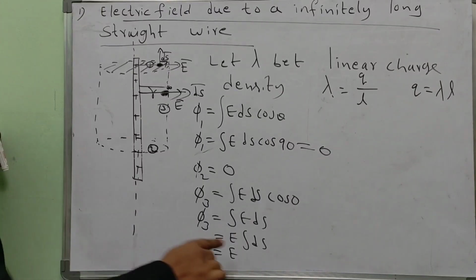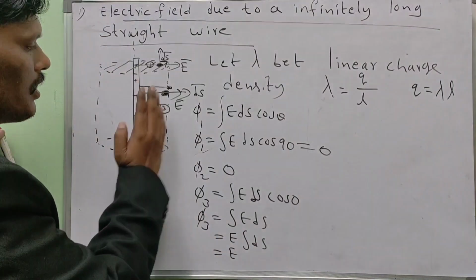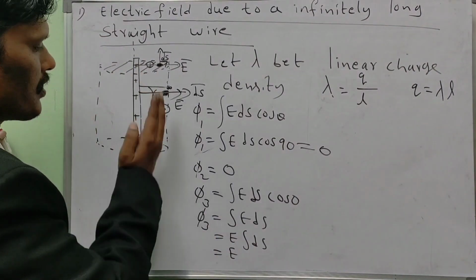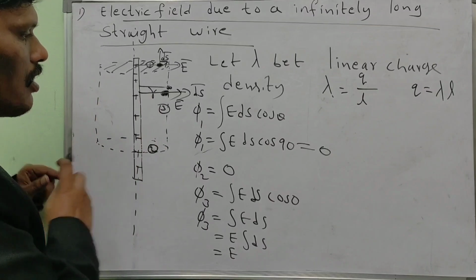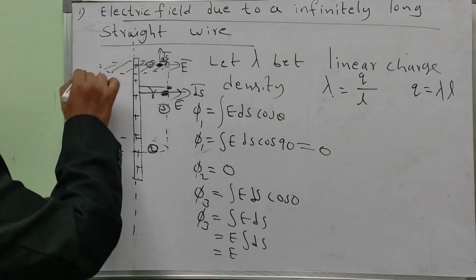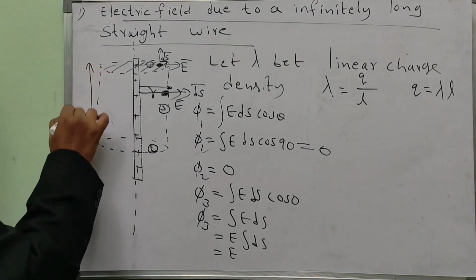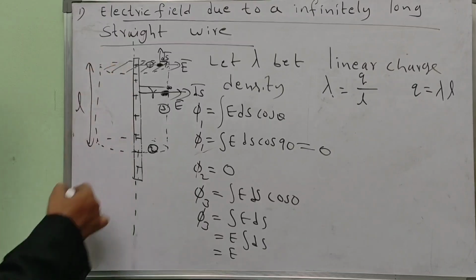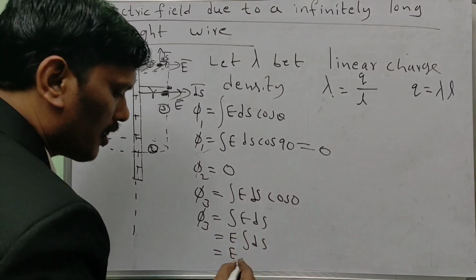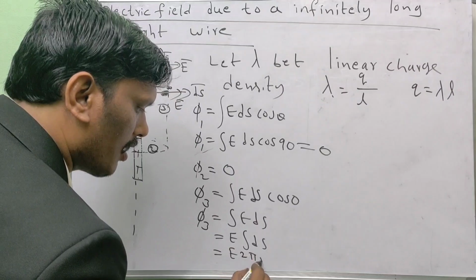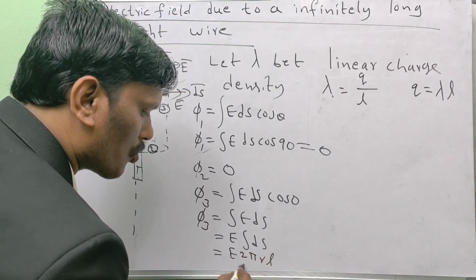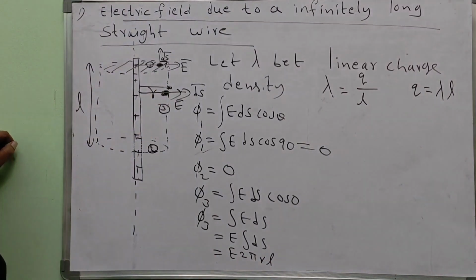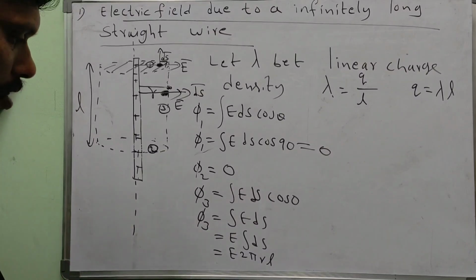That's why integral dS means I need to take the total curved surface area. What is the total curved surface area? 2 pi r L. Suppose the cylinder's length is L. Then what is the total dS? 2 pi r L. That is the total curved surface area of the cylinder, the cylinder curved surface area formula.